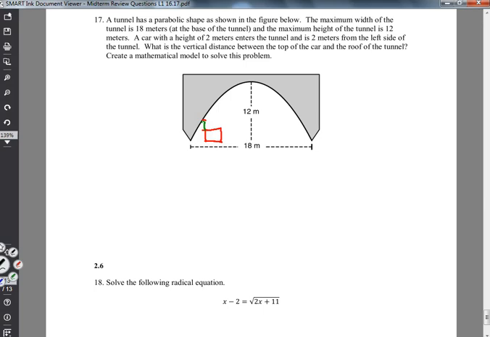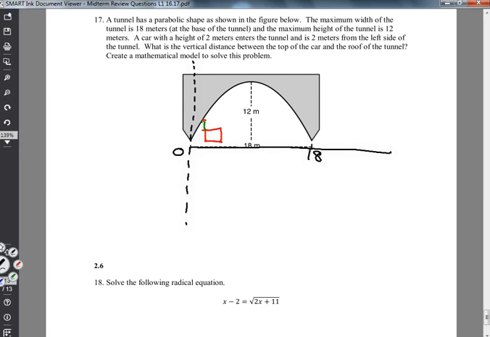Okay, first thing we're going to do is make this look like a graph. So if the tunnel is 18 meters wide, that would be 18, this would be 0.